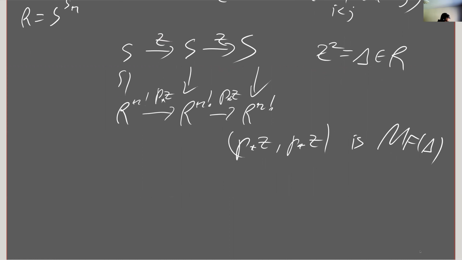Okay, and furthermore, it gives you one of these non-commutative resolutions. So the endomorphisms over R mod delta of S mod z, the cokernel of z, has finite global dimension.